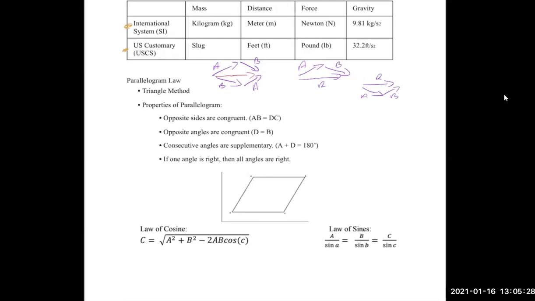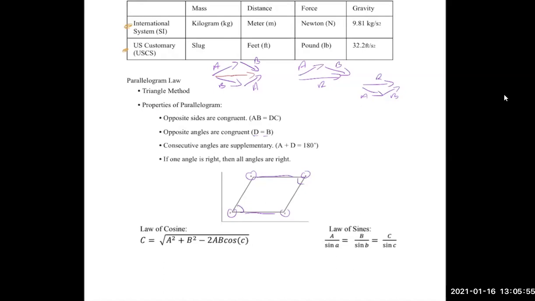Okay, some important properties of parallelograms. First, opposite sides are congruent, which is that AB is equal to DC, as we can see from this picture. AB and DC are congruent, which means their sides are the same. Opposite angles are congruent, for example, D equals B, like the angles right here and here are the same.